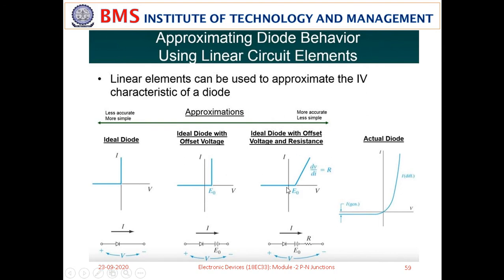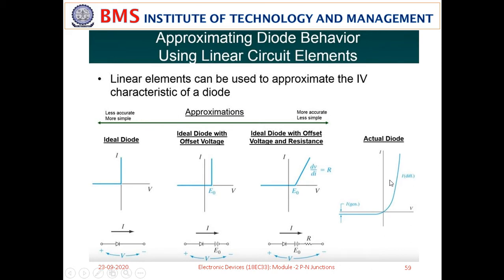Then you can see that we have the diode conducting in one direction, there is a barrier potential, and there is a slope in the forward characteristics. All together this yields this kind of accurate characteristics. Still, you need to add a few more elements to match the actual diode characteristics.